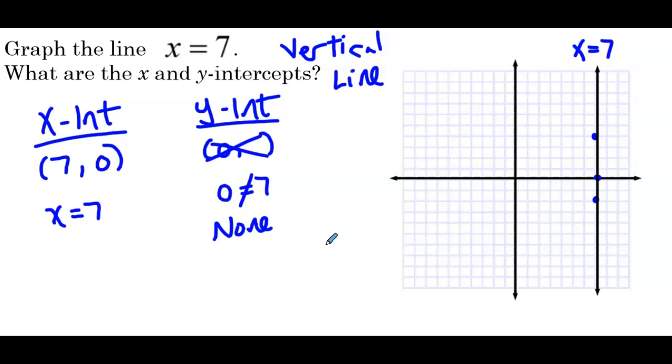So what we've come up with in this video is a strategy if we get stuck to graph any linear equation. Come up with the x-intercept, come up with the y-intercept. That gives us 2 points on the line, and from there we can graph.